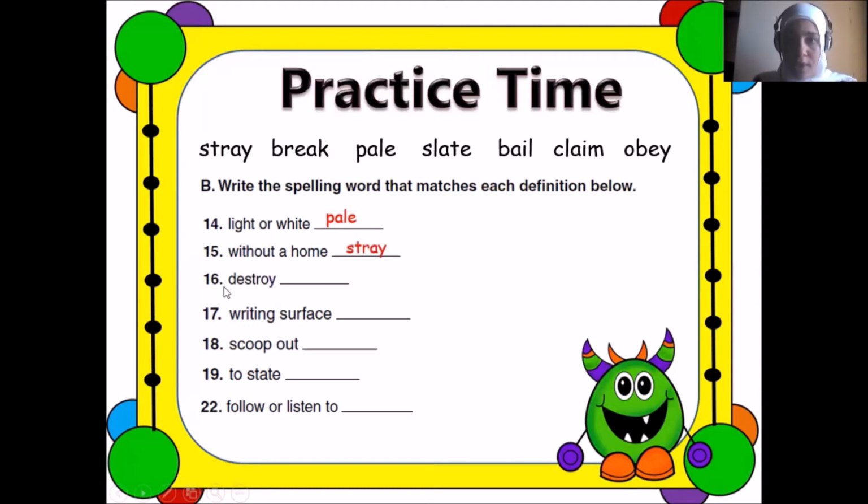To destroy, break. Writing surface, a surface where you write, it is the slate. Scoop out, to scoop out with what? We scoop out, we bail. To state, to say, claim. Follow or listen to something or someone, obey. For example, you obey the rules, you follow the rules.